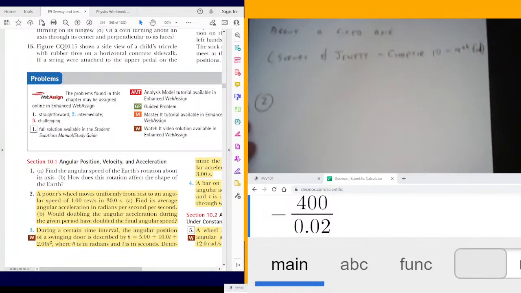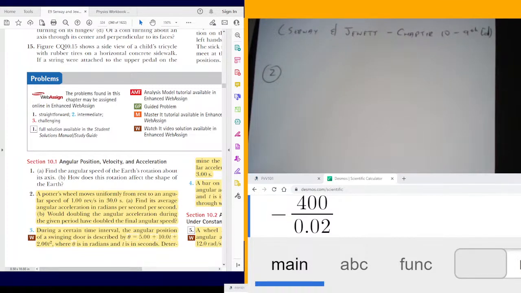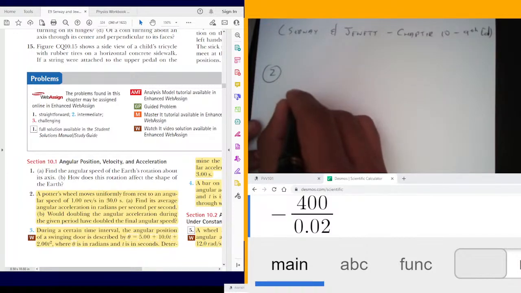Problem number 2. The problem says, a potter's wheel moves uniformly from rest to an angular speed of 1 revolution per second in 30 seconds.